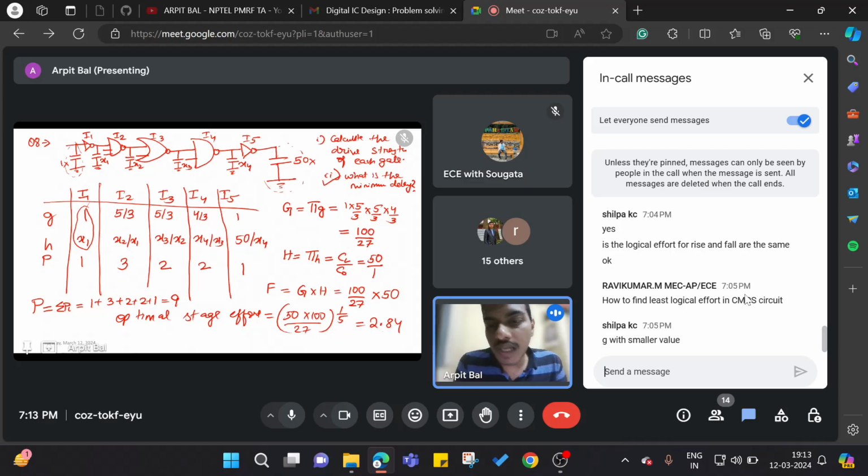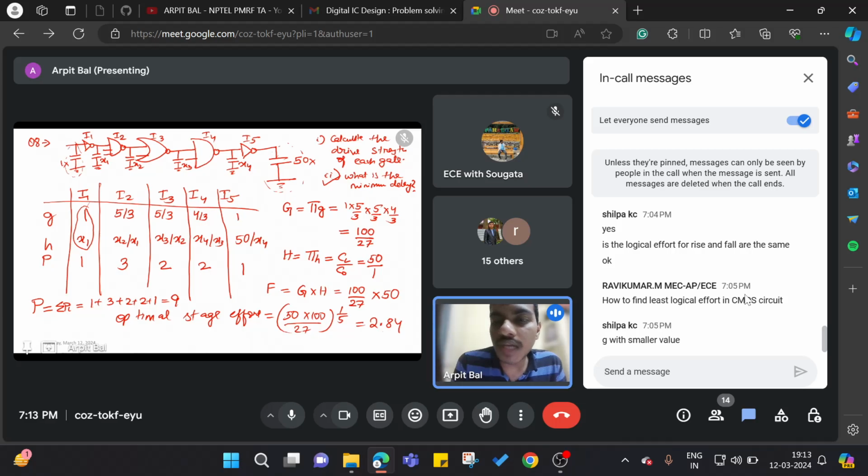And we need to calculate the optimal stage effort first. The optimal stage effort is (GH) to the power 1 by 5, where 5 is the number of stages. So we obtain the optimal stage effort as 2.84.